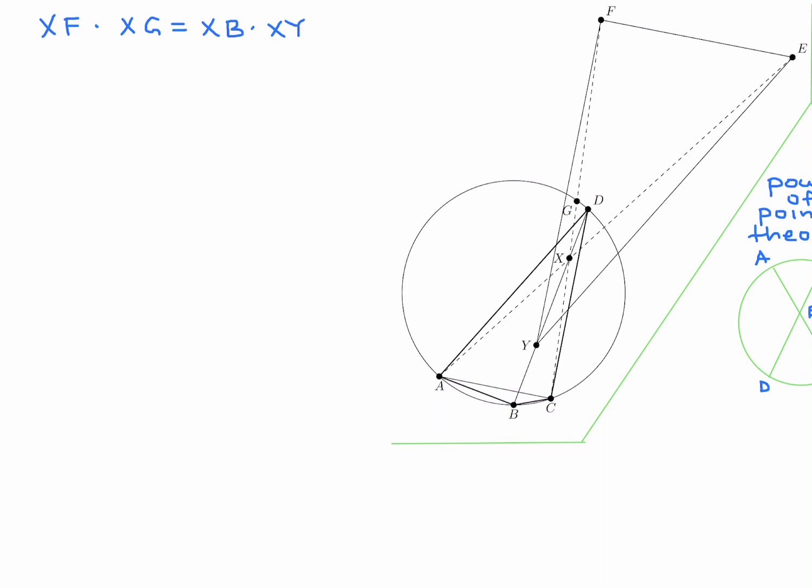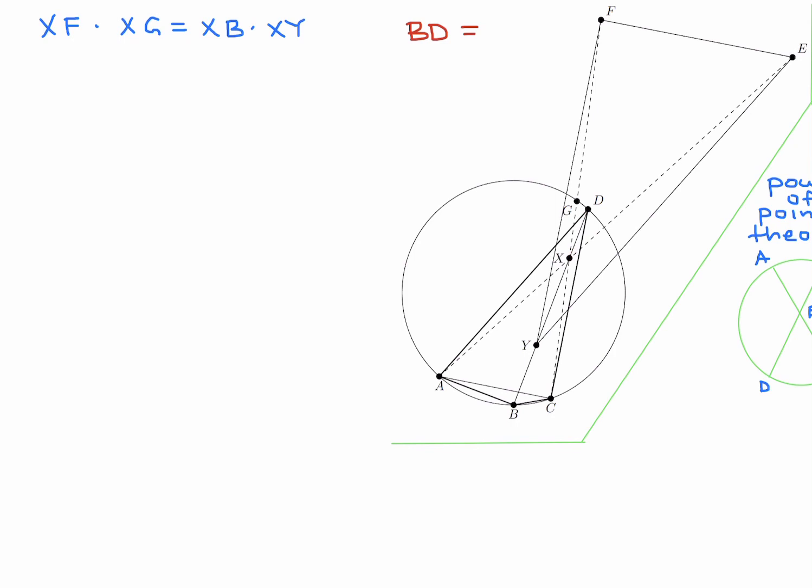Now we have to use some of the information they gave us in the question. They told us that BD is 4 times DX. So, for example, BD from here to here is 4 times DX.